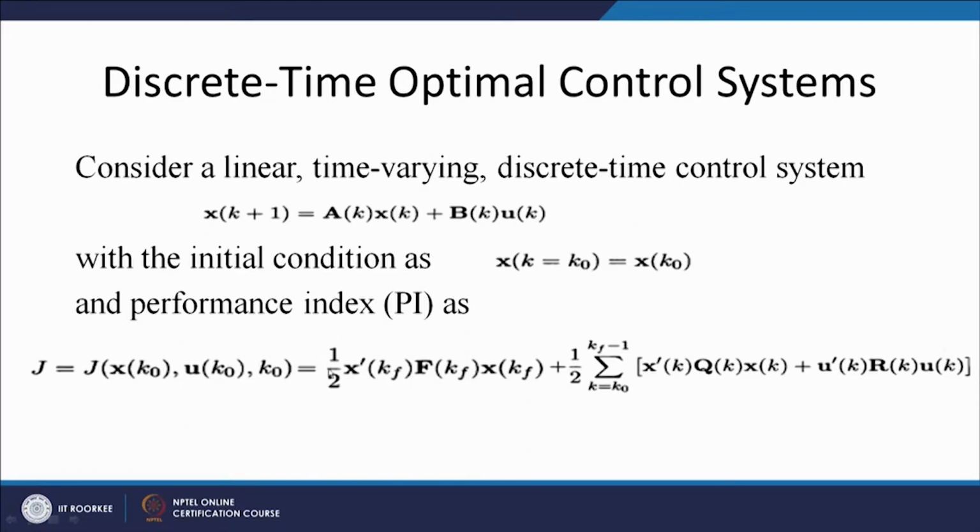This is equal to the terminal cost, defined as half of x prime kf, f of kf, x of kf, plus half of the summation of x prime qx plus u prime ru at the kth instant, where k is varying from 0 to kf minus 1. So, for this linear time varying discrete system, my objective is to find the optimal u which will minimize the performance index j.